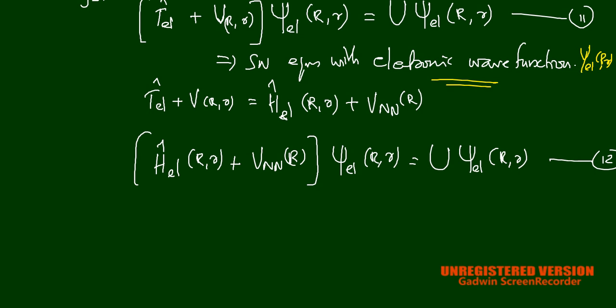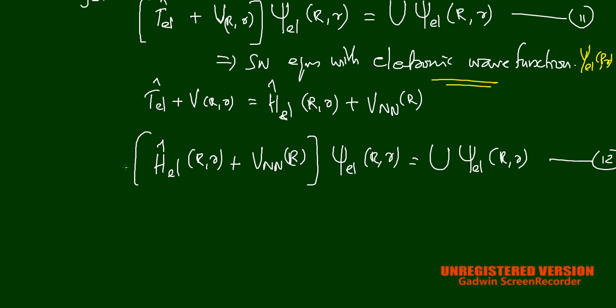Now we already know that the omission of a constant c from the Hamiltonian does not affect the wave function. Did you understand anything of what I said? The omission of a constant c from the Hamiltonian does not affect the wave function. Rather, it decreases the energy eigenvalue by c.